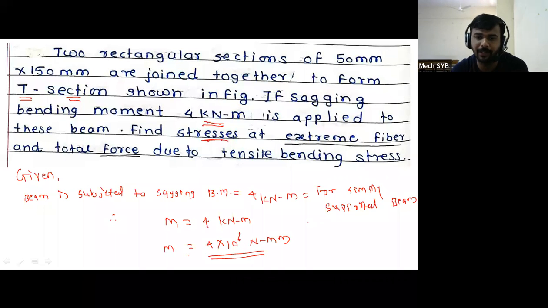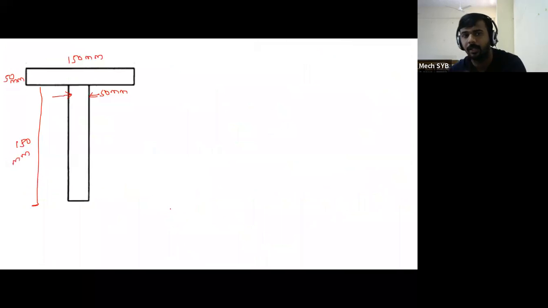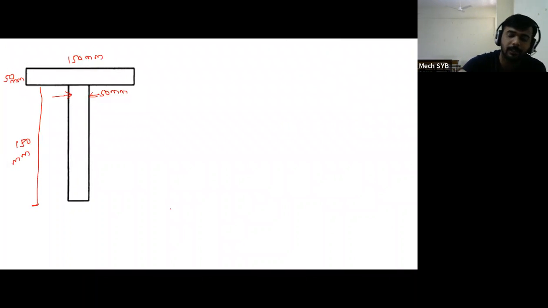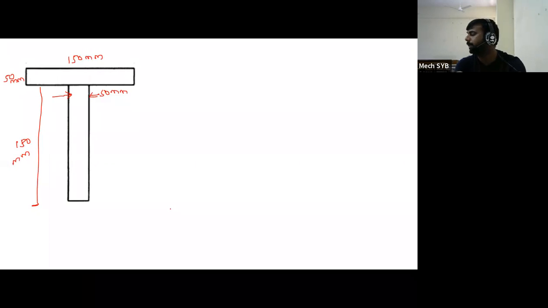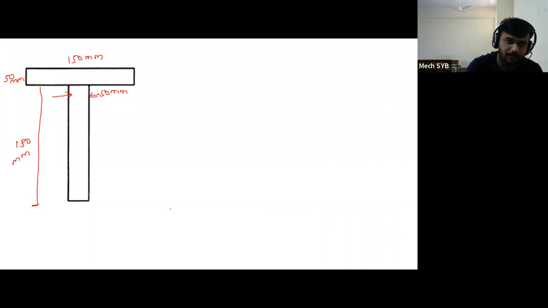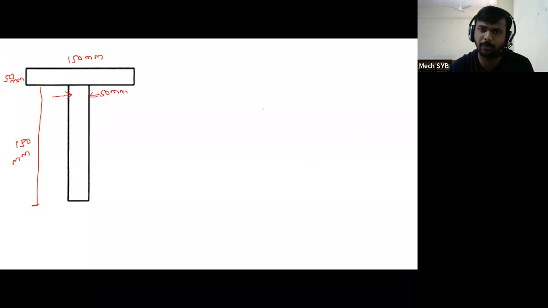So only this parameter is given, and from this sagging word we have understood that the type of beam will be considered as a simply supported beam. Now you have to do the calculation and you have to tell me the answers. You do the calculations, represent all the points on the figure, tell me the y1, y2, y3 and y bar. Here they have not asked for the stress distribution diagram, so we need not leave some space.